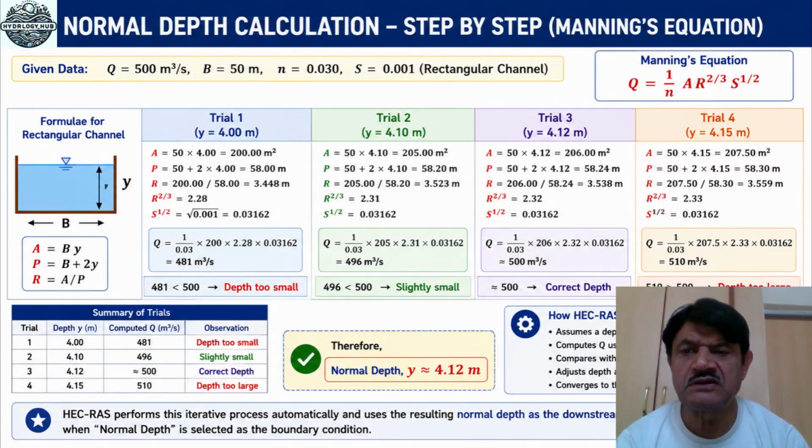Finally, the depth at which the computed discharge equals the specified discharge is called the normal depth. Fortunately, all these iterations are performed automatically by HEC-RAS, and the user only needs to provide the river slope. Now, let us examine how changing the slope changes the normal depth.